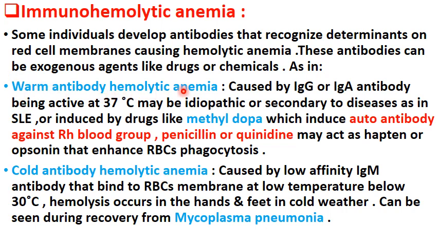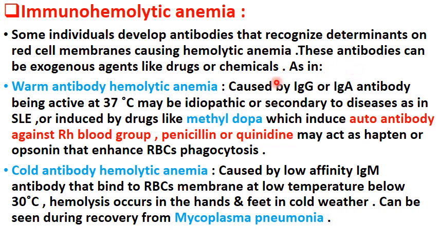Warm antibody hemolytic anemia is caused by what? IgG or IgA antibody at 37 centigrade. It may be idiopathic, of unknown cause, with no identified cause that might lead to this immune hemolytic anemia.